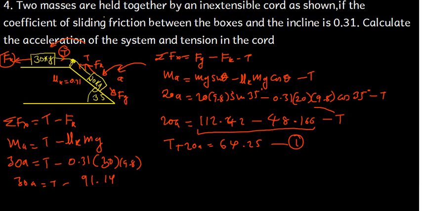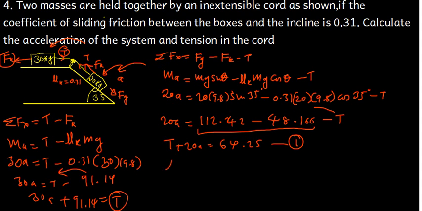91.14. So what I can do is take this to the other side and it becomes positive, so 30A plus 91.14 will be equal to the tension. So we can see tension here.